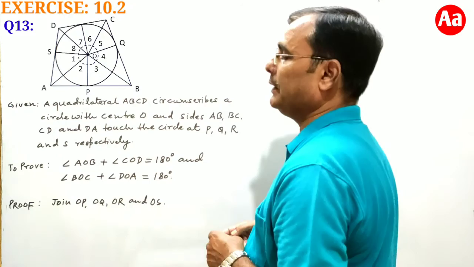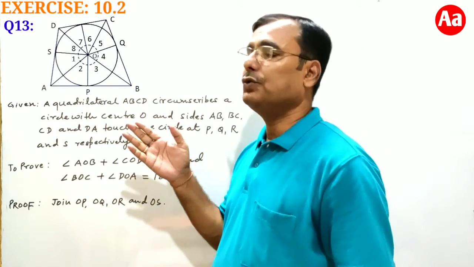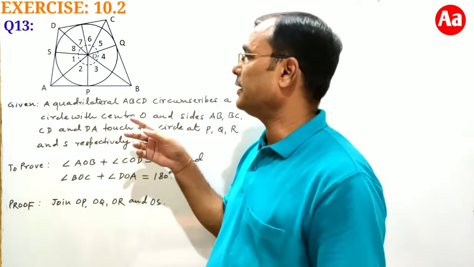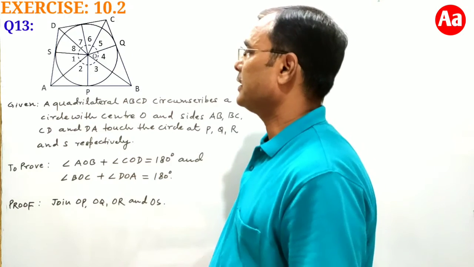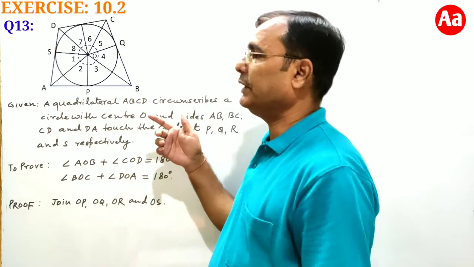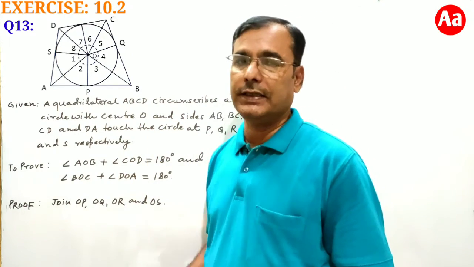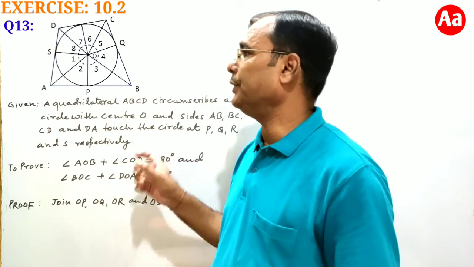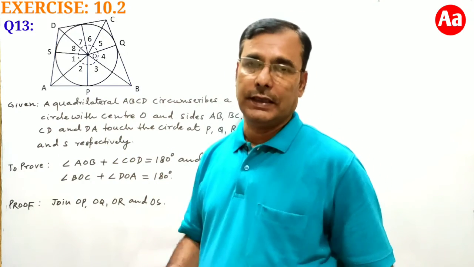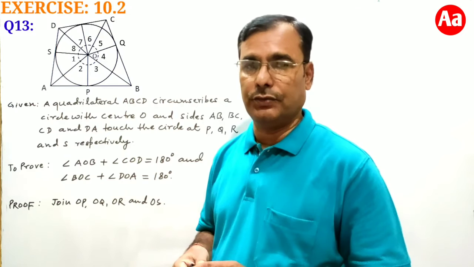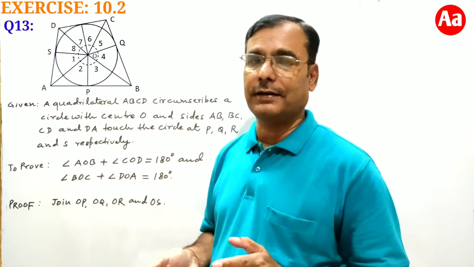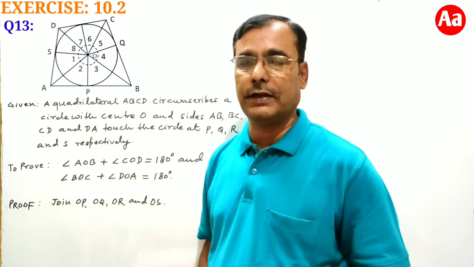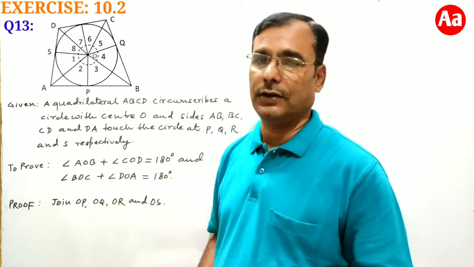Now AS and AP are two tangents drawn from external point A to the circle with center O, so their lengths will be equal. That is, AS will be equal to AP as per theorem 10.2, which says that lengths of tangents drawn from an external point to a circle are equal.